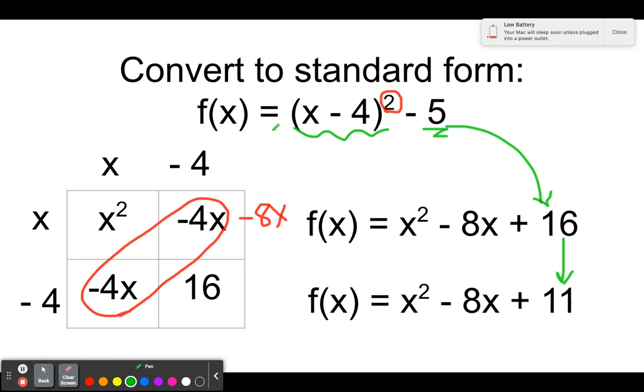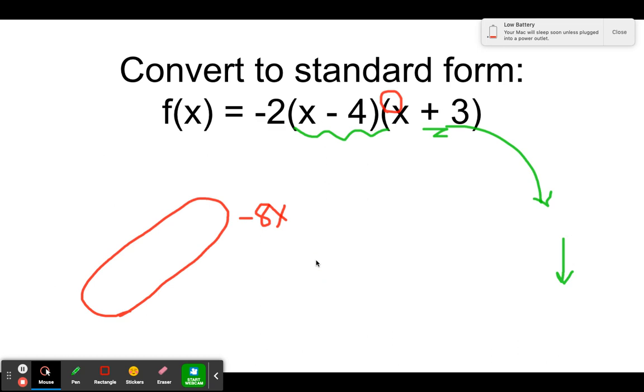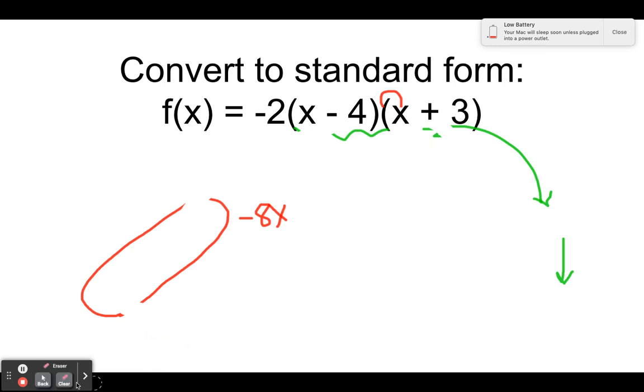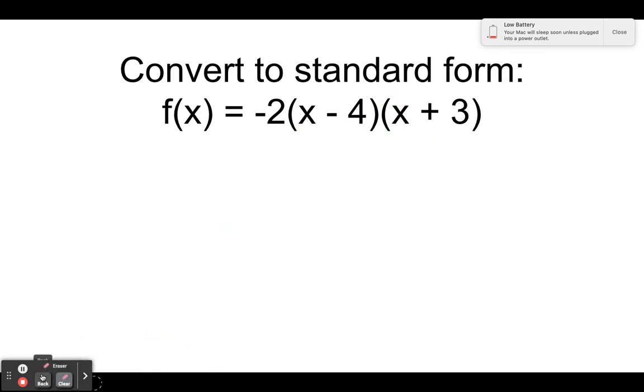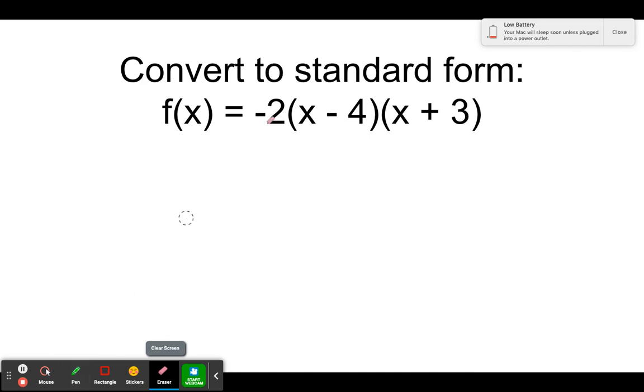Now let's talk about what happens if you start in factored form. Then what's going to happen is you're going to multiply these two parentheses together, okay? So these two bad boys right here, those are going to be the two sides of your box.